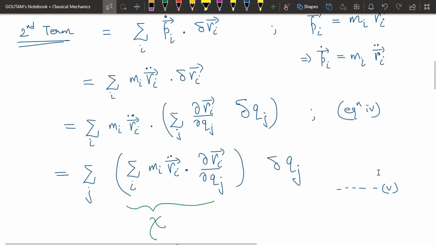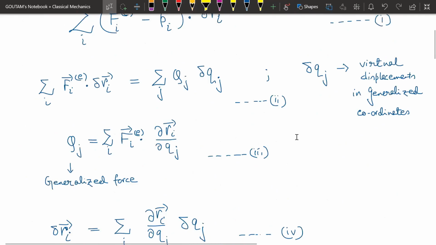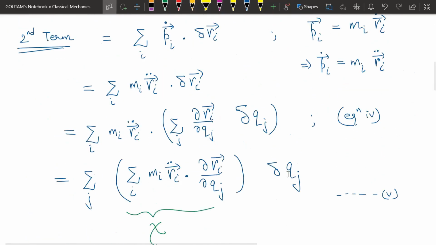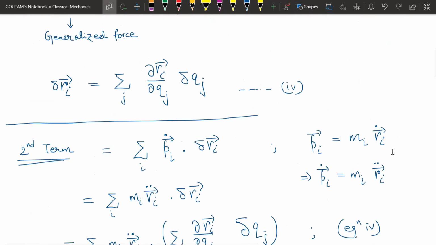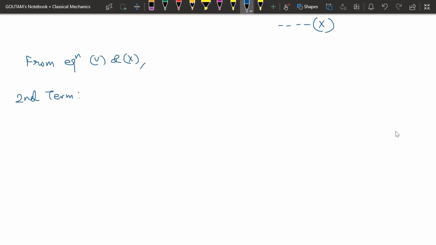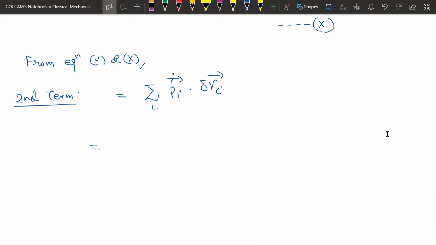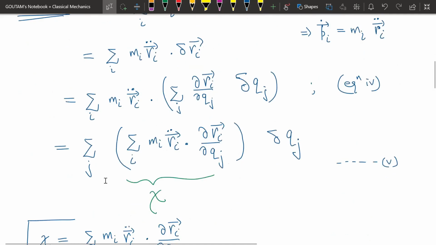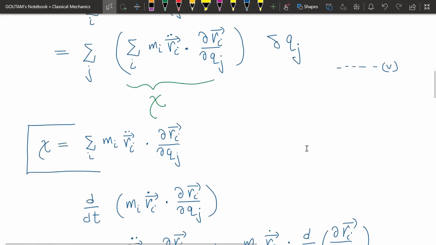So then let's see what we have. In equation 5, which is basically the second term in D'Alembert's principle, from equations 5 and 10, the second term, which was the sum over i of p_i dot delta r_i, becomes the sum over j of chi j times delta qj.